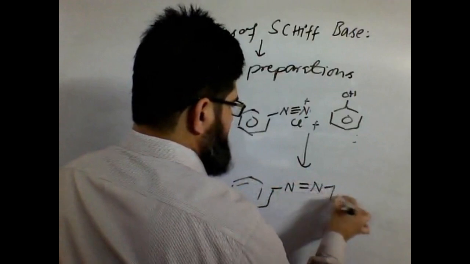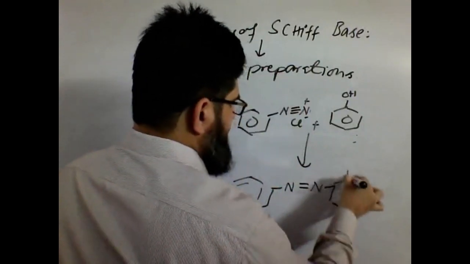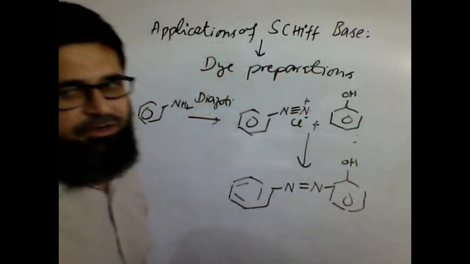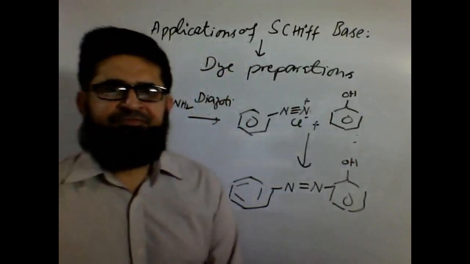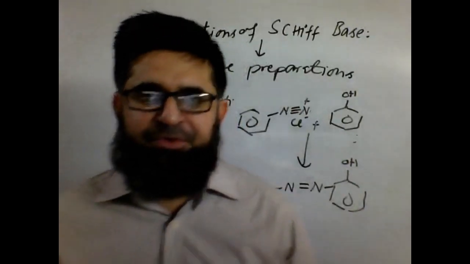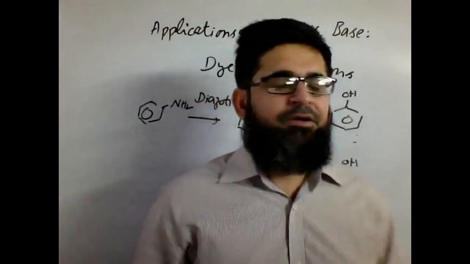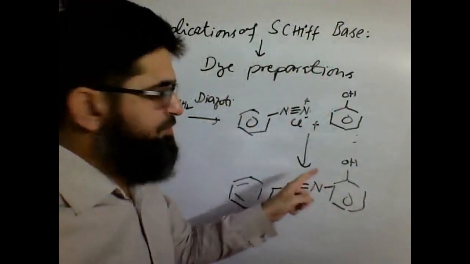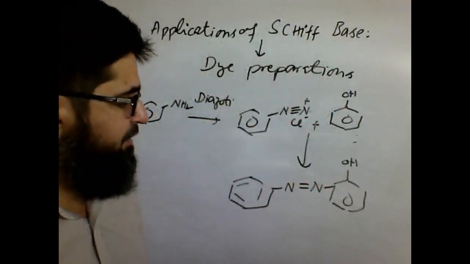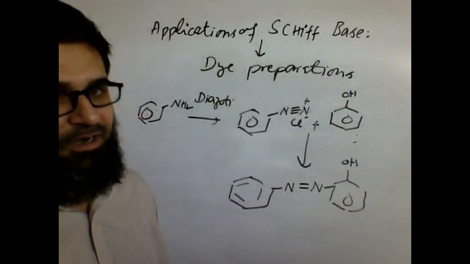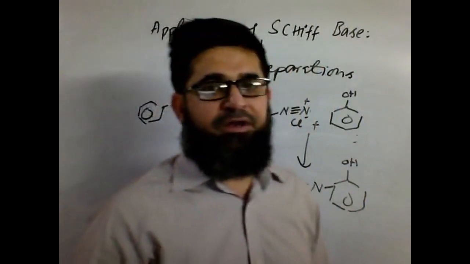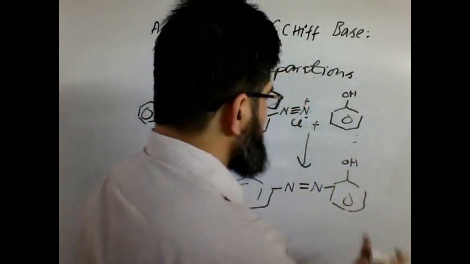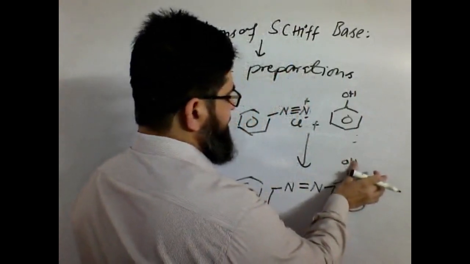So this is how the colorant is supposed to look. As I've explained to you guys, it's a colorant. Due to the presence of an azo group, it is supposed to be a colorant, an azo colorant. It can be converted into an azo dye if we produce the corresponding salt.